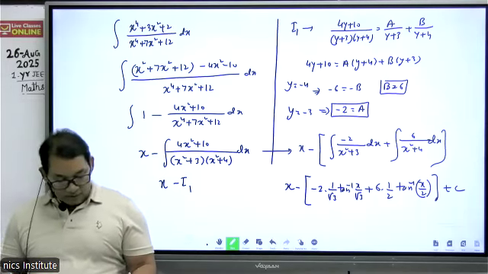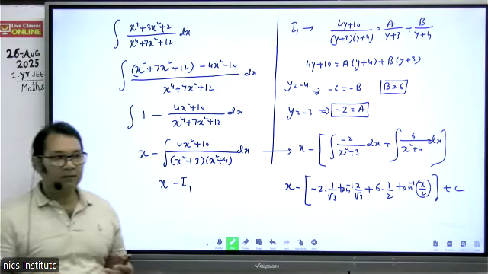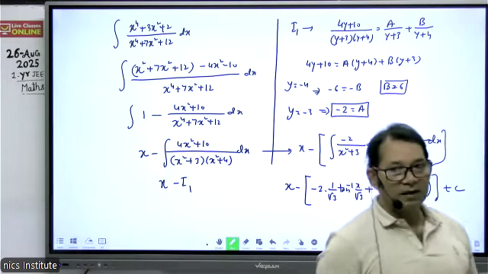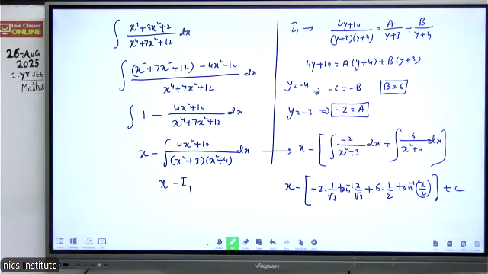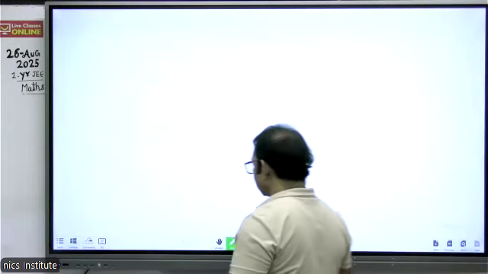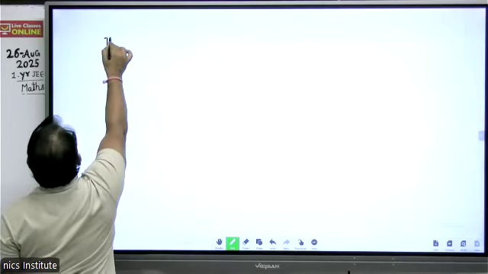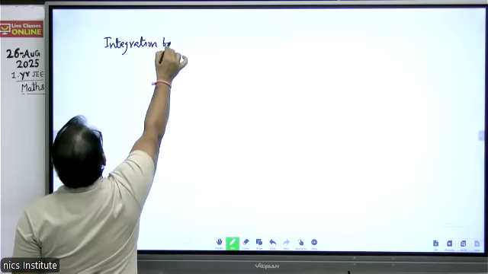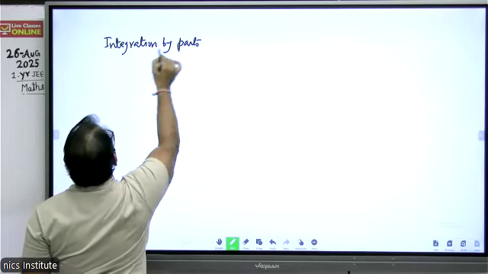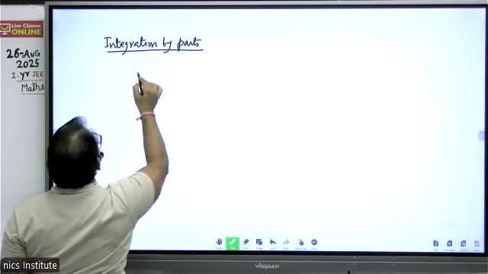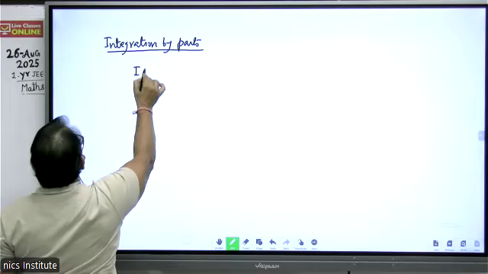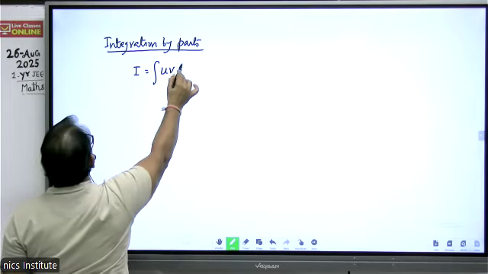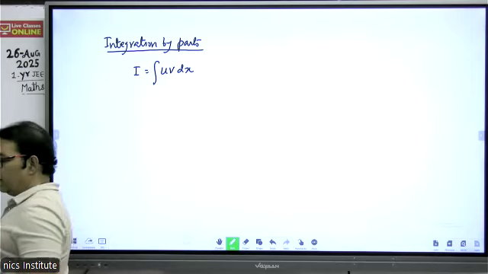Now let's start with integration by parts. Just like differentiation and integration also, if two functions are multiplied, we have a formula for integration.